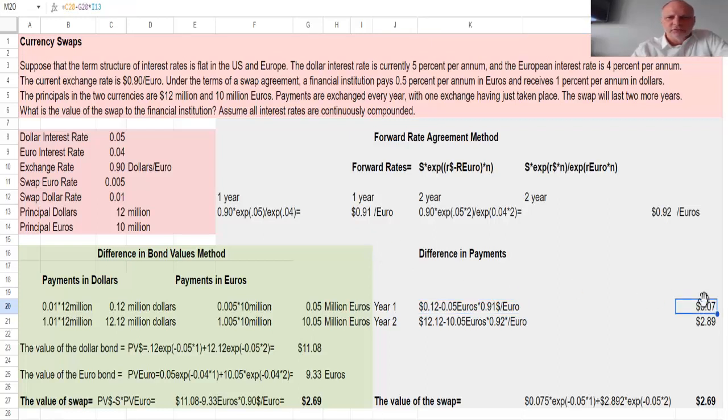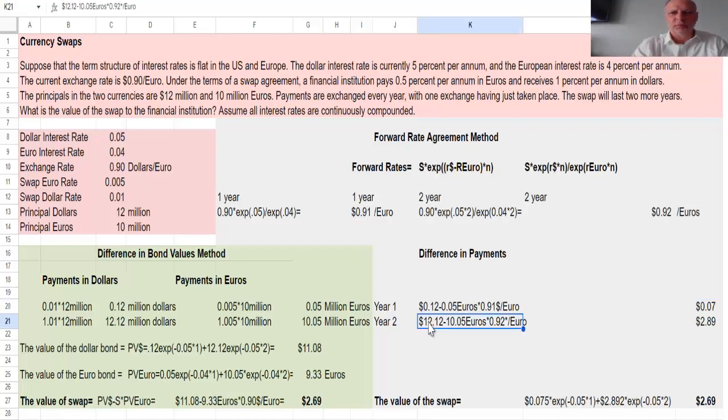Over here, this gives us C20 minus G20 times I13, which gives us roughly $0.07 million. It's rounded here, it's more exact, $0.075 million. So that is the difference of payments value in 1 year in dollars.